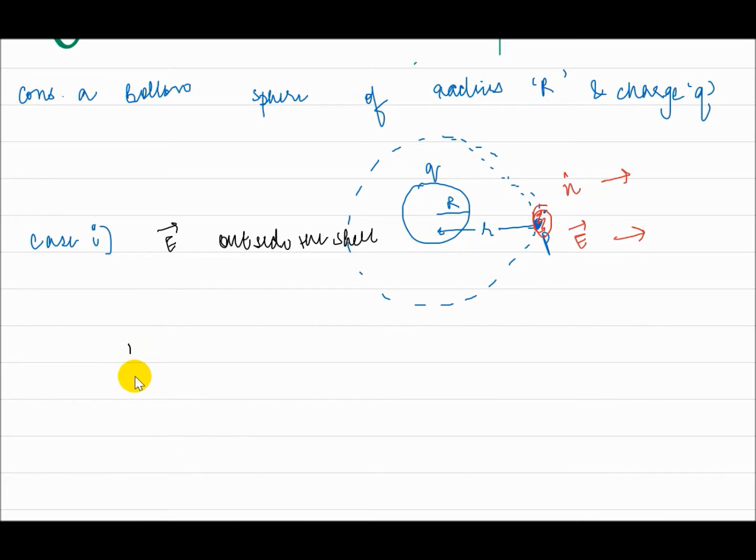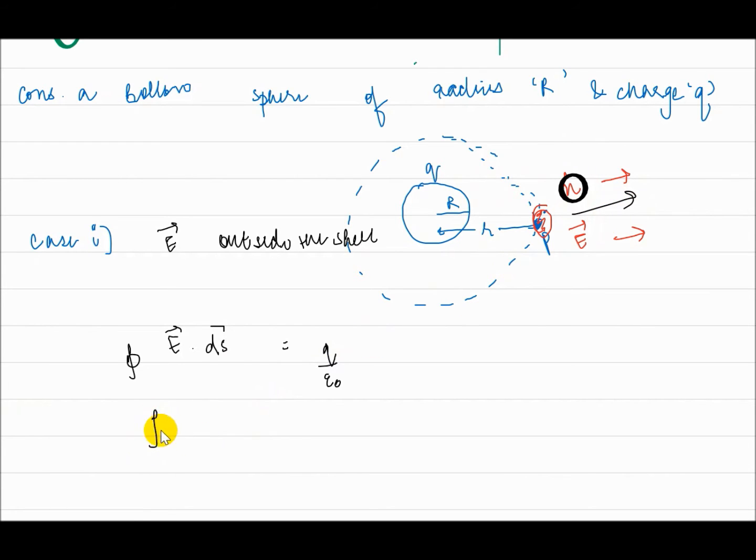So as we know, integration of E dot ds is equals to q upon epsilon naught. So as we can see, electric field and the unit vector are in the same direction.